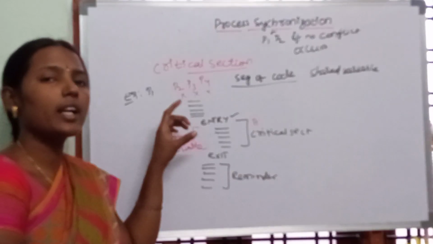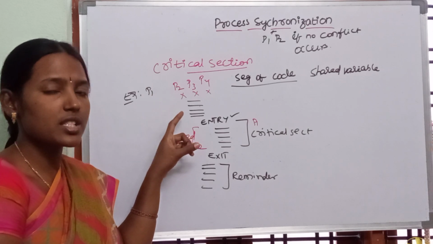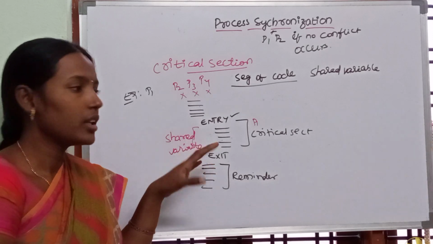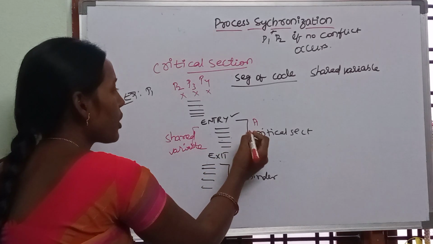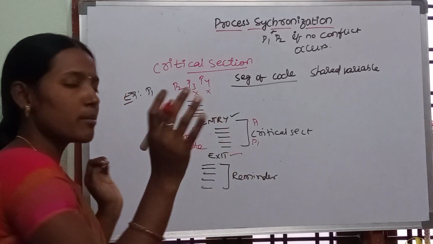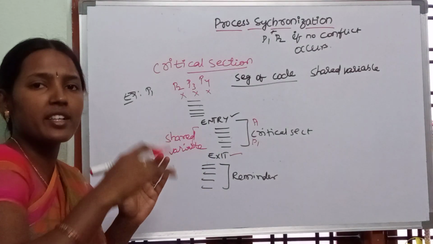The system will allow only one process to enter into the critical section, such that no other process can be in their critical section. As soon as the work of process P1 is completed in its critical section, it will send a signal back to the system that my critical section is over, I am exiting.